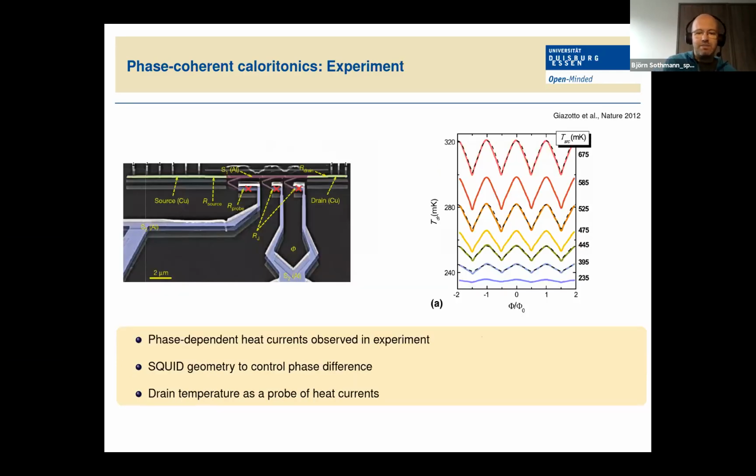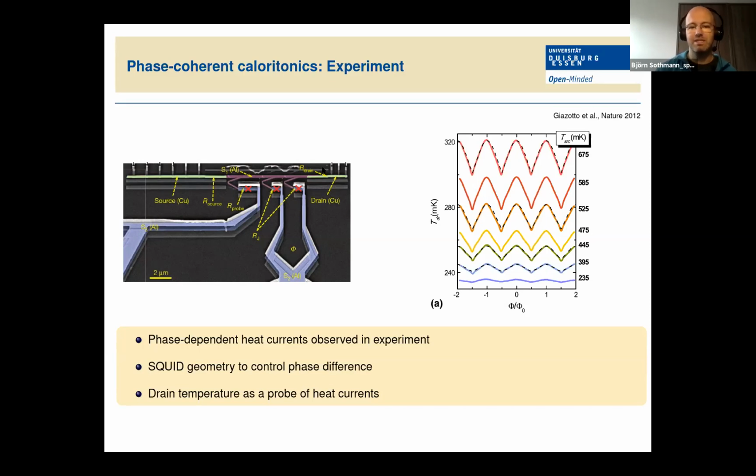And here's the experiment that they carried out. I will guide you slowly through this because it's a rather complicated setup. So we have here in green a source and a drain electrode made from a normal metal, from copper. And you see that there are additional contacts up here and up there, which act as both a heater for the source and also as a thermometer for both the source and the drain.